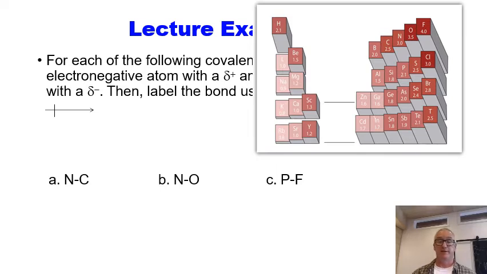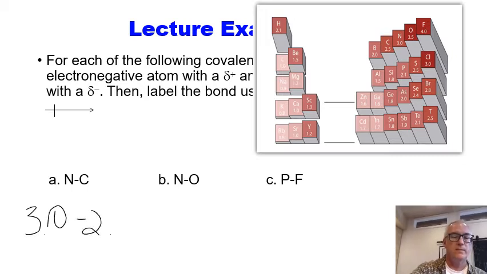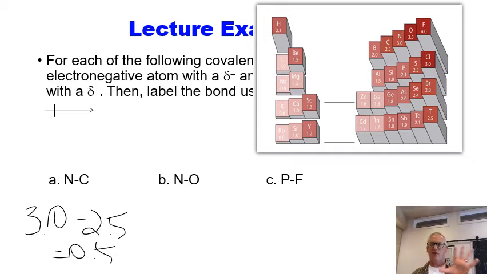So let's look at the differences. So nitrogen, where is nitrogen? Nitrogen is here. Nitrogen is 3.0. Carbon is right next to it, and carbon is 2.5. So the difference between 3.0 and 2.5 is 0.5. So that's right on the border of polar, nonpolar.